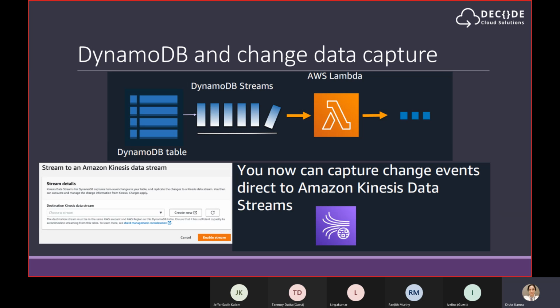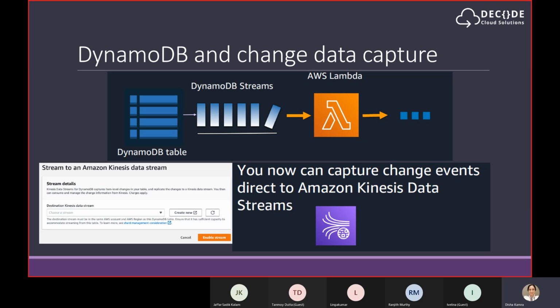So rather than letting the customer have to solve for that themselves, AWS recently announced support for change data capture into the Kinesis data stream directly, and this can be configured for your DynamoDB table independently of the DynamoDB stream.